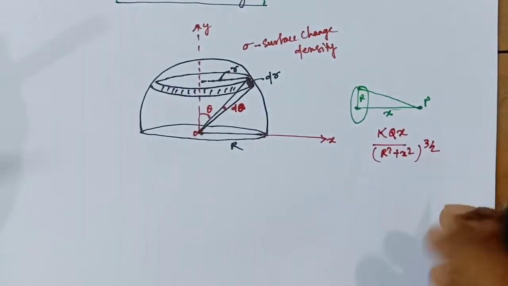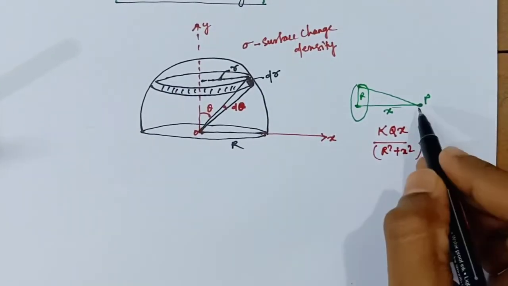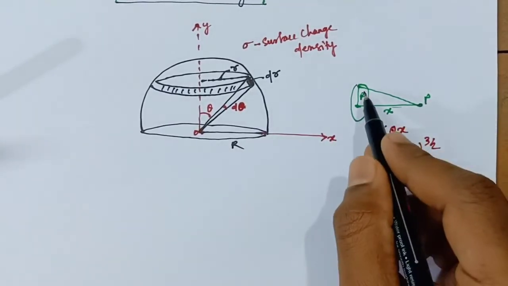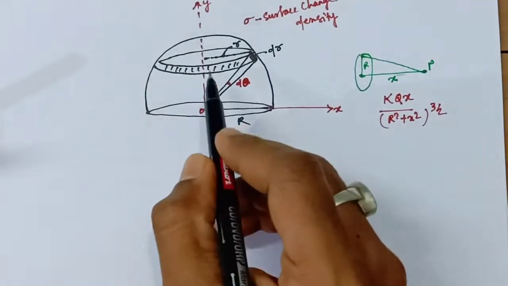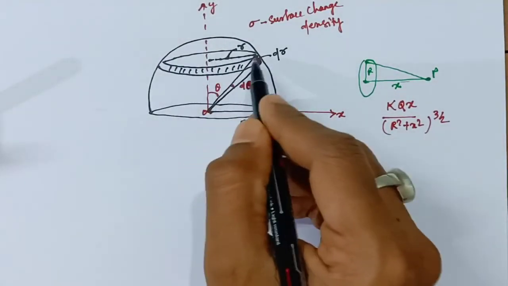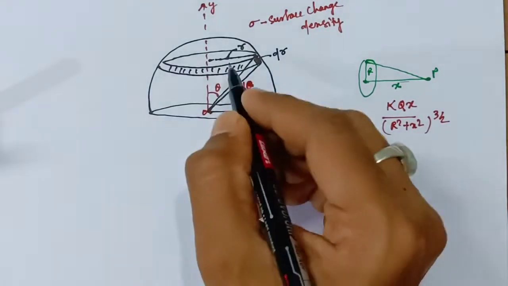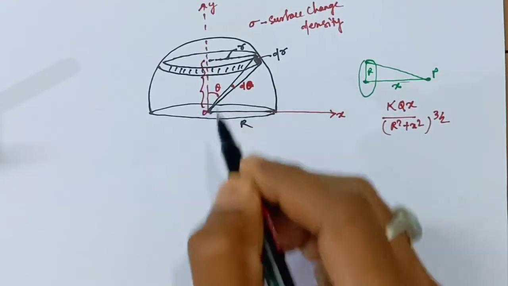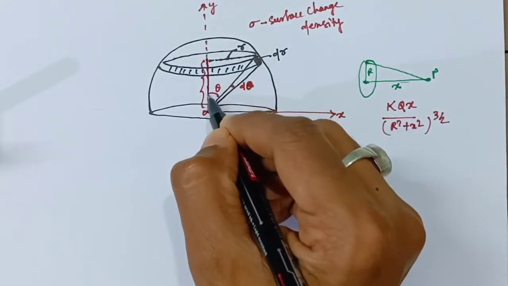Exactly, you can easily write this expression: electric field on the axis of a ring having distance x, where the radius of the ring is r. If you look carefully, this is a ring and the radius of the ring is r, and this is my axis, exactly from center to this axis.